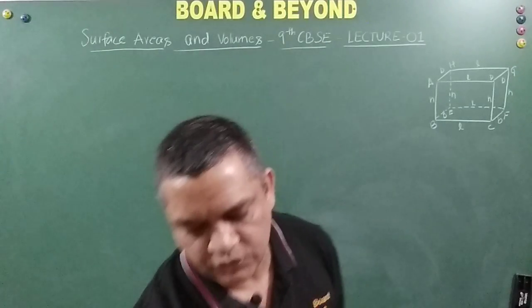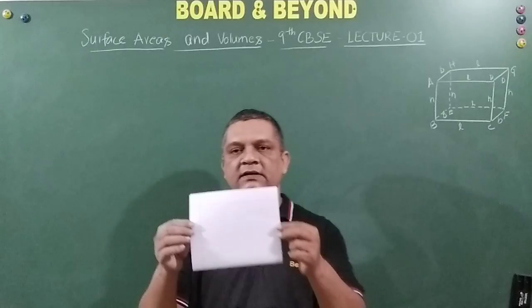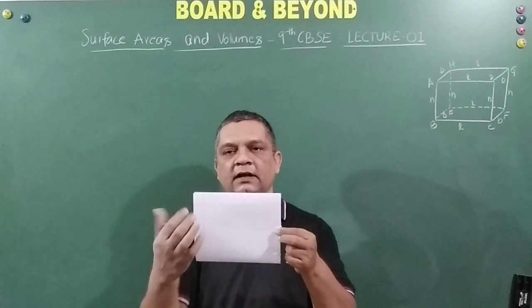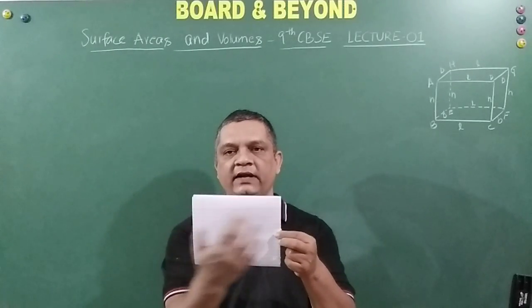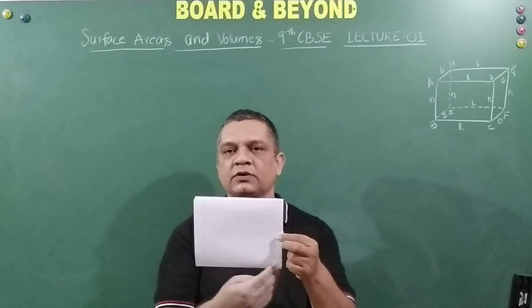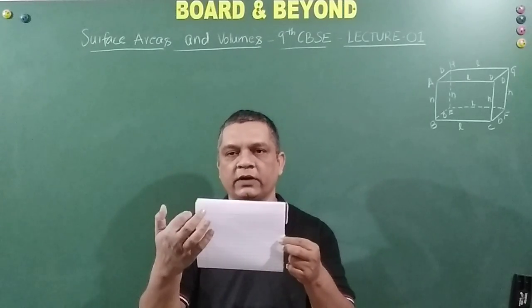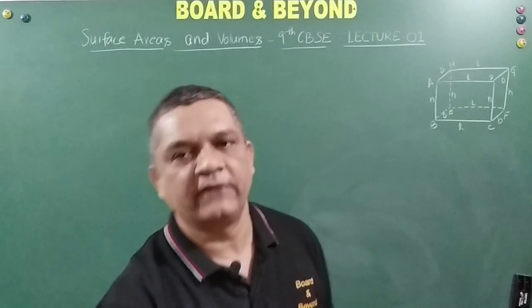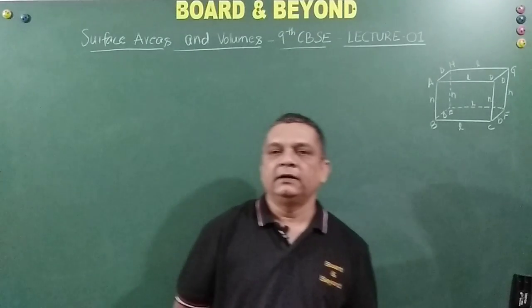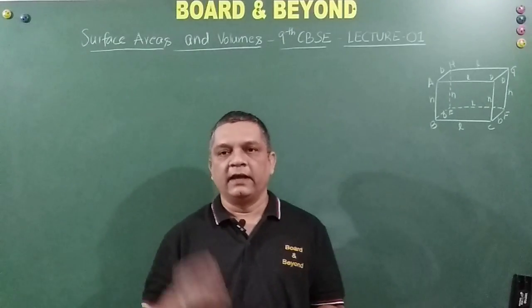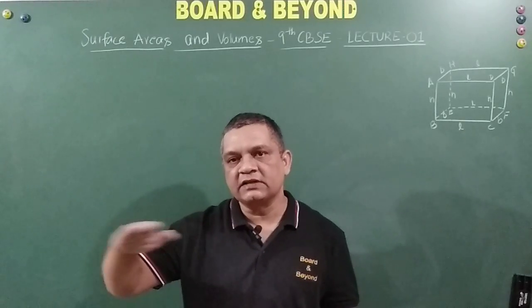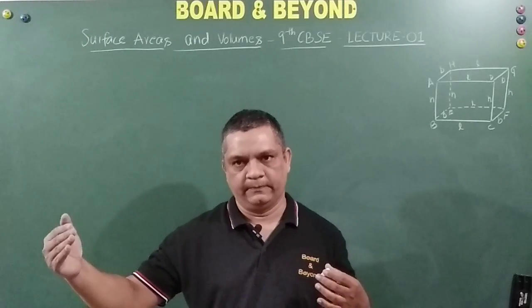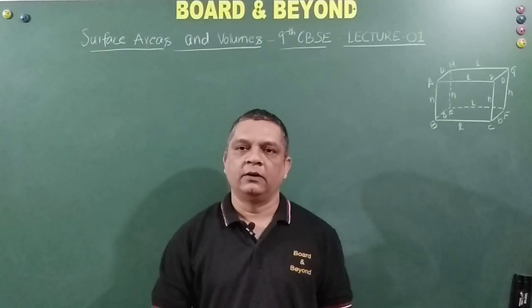Just to illustrate, what you see in white is the surface. This has a length and a breadth, so this is a two-dimensional figure and it has a surface. And then what is the area? Area is nothing but the spread of that surface. How far it is spread is called the area.